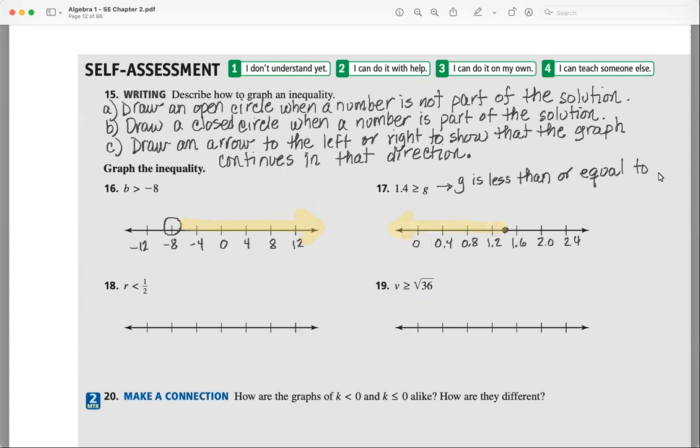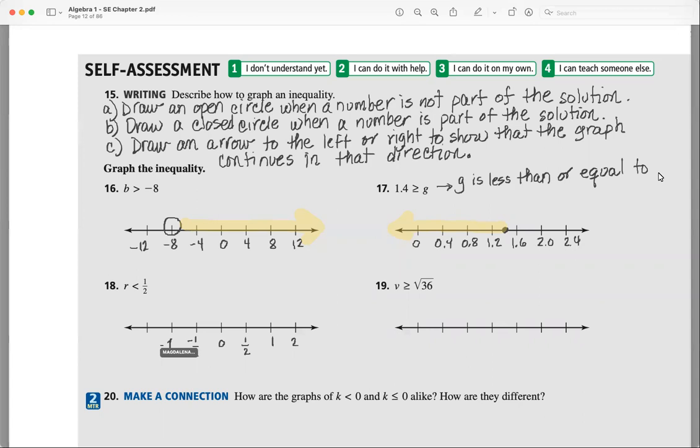Okay, now next one. R is less than 1/2, any number less than 1/2. So I went ahead and I put 0 here, 1/2, 1, -1/2, and -1.